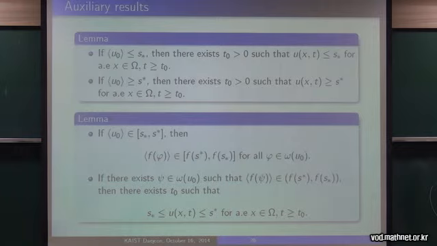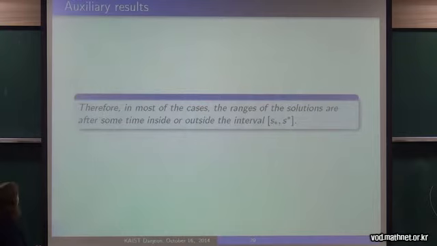And there will exist t naught such that U of x and t is in between S lower star and S upper star for all t larger than t naught. So we have seen that in quite a few interesting cases, the ranges of the solutions are after some time completely inside the interval S lower star, S upper star, or completely outside this interval.